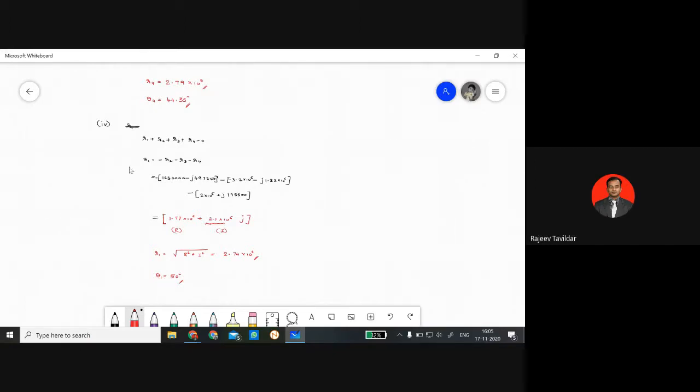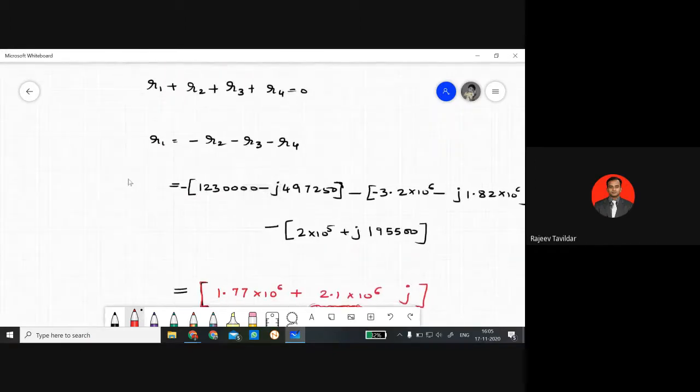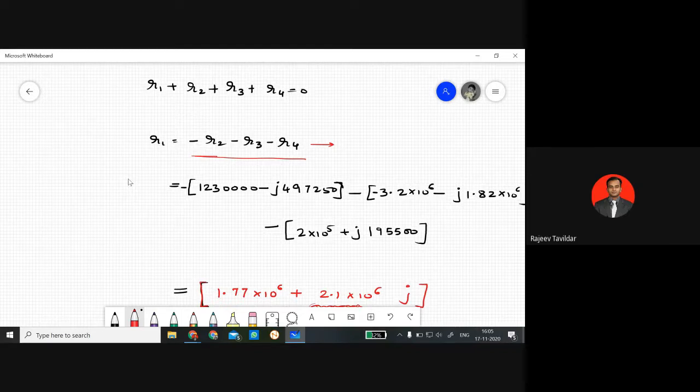At this stage, wherein you are writing R1 equal to minus R2 minus R3 minus R4, do not take the direct values of R2, R3 and R4, because the equation you have written here is in vector notation, and the values you have got are through the polar notation. So we need to write them in the polar form only and then get the answer. I hope this problem is clear.